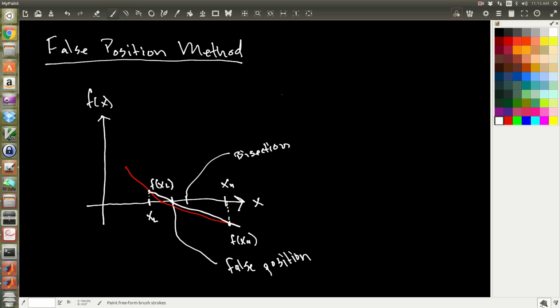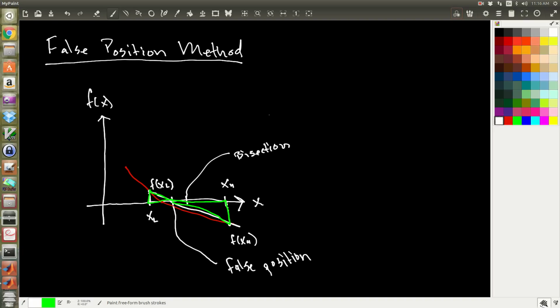Now we need to have some kind of equation for this, and I'm not going to derive it here, but in the textbook, box 5.1, there's a nice derivation. What you can actually do is you can do similar triangles. So I can take this triangle right here, and I'll do this in a different color. I can do this triangle right here, and then this triangle right here, and I can compare them in order to come up with this equation for this point right here.